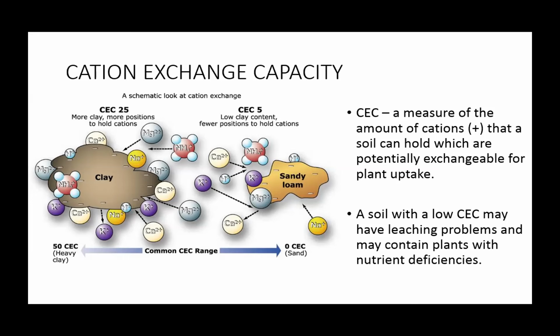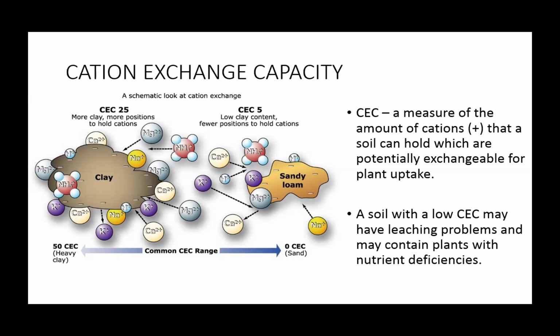So how many reserves do you have where you could store nutrients? So a soil with a low CEC might have leaching problems, where if you add a nutrient to your soil, it might not be able to hold onto it for a while in order for the soil to take it up. Or your soil might just be nutrient deficient as well.